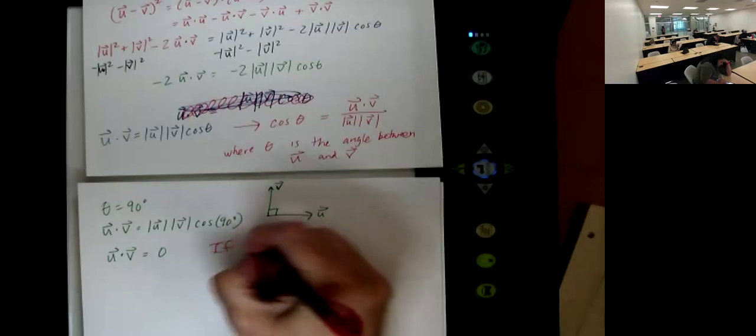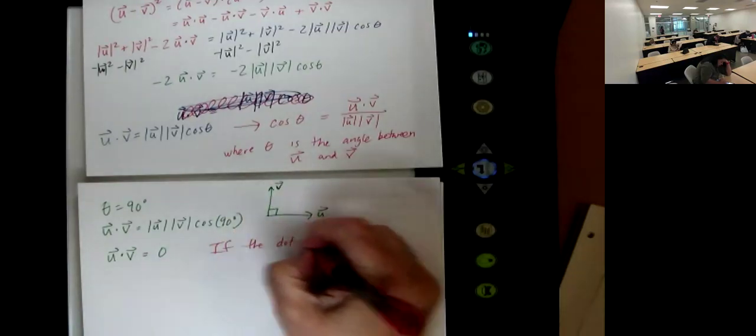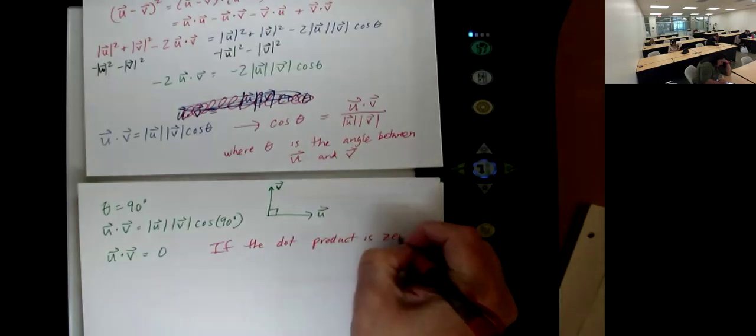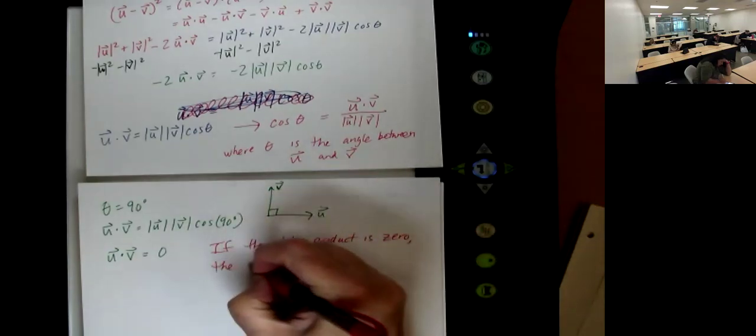If the dot product is 0, the vectors are perpendicular.